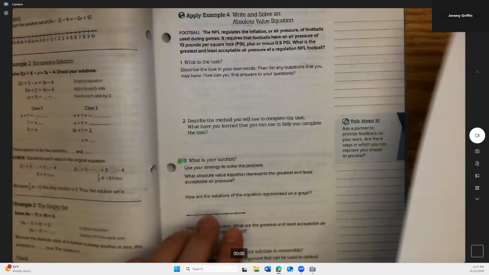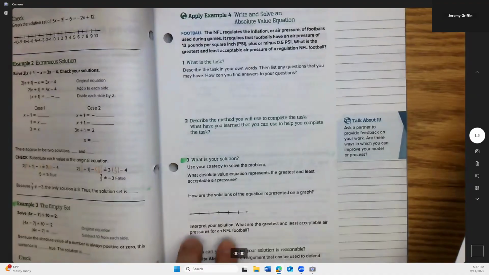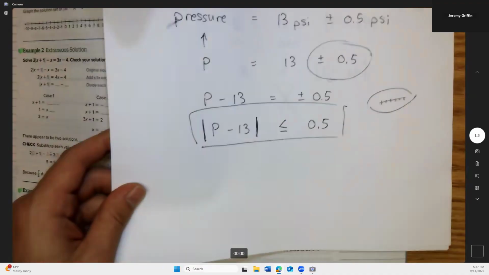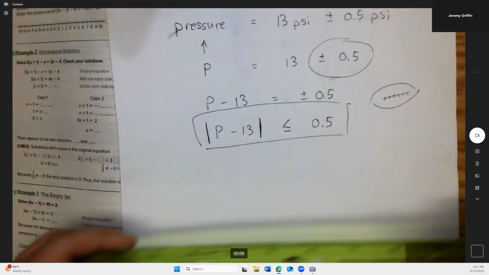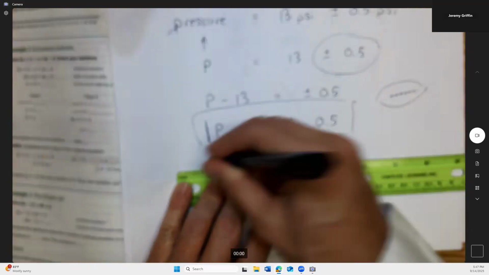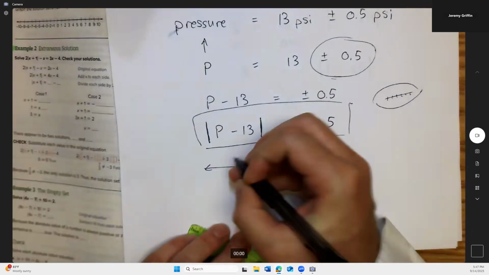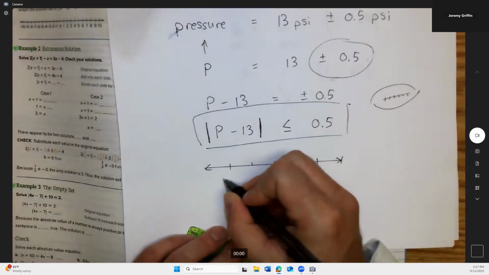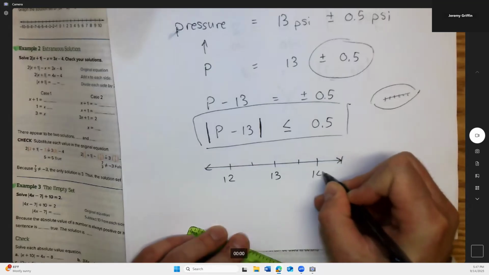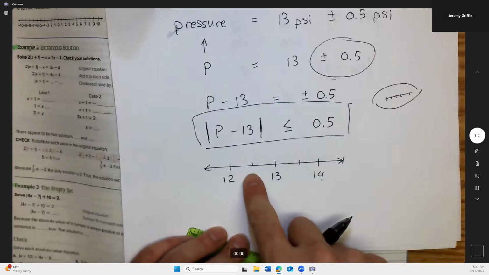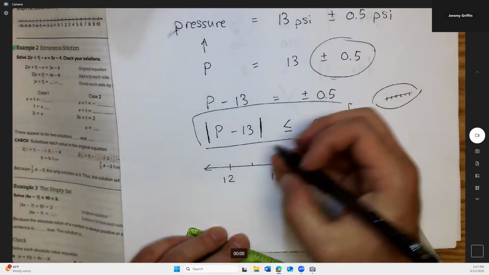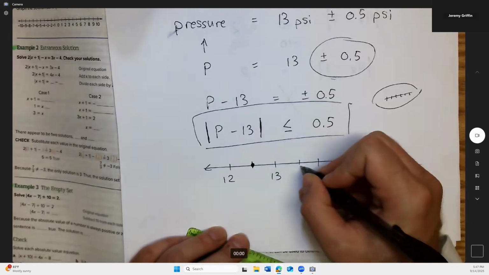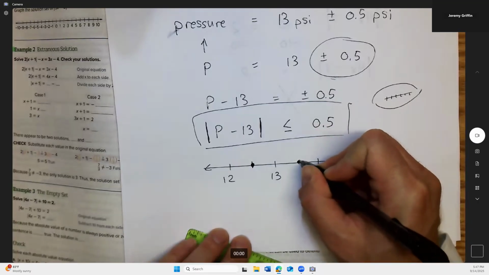How could you write this in different ways? We'll do a number line and then a domain restriction. So on a number line, let's go 12, 13, 14. 12.5 would be the smallest allowable, and 13.5 would also be allowable, but that would be the large side.